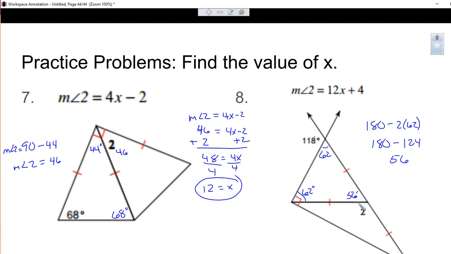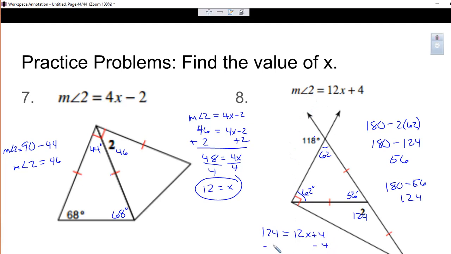Now, angle 2 and 56 form a linear pair. So if I do 180 minus 56, that's going to give me 124. So this is equal to 124. So to find the value of x, I'm going to take my 124, substitute it in for the measure of angle 2, and it's equal to 12x plus 4.